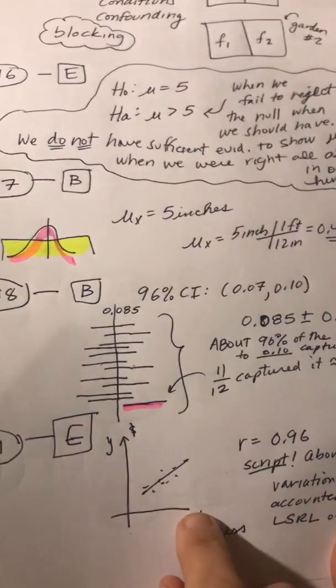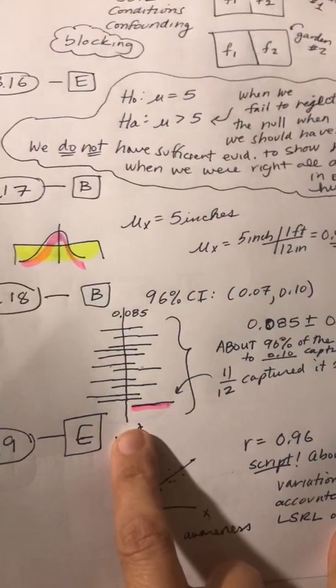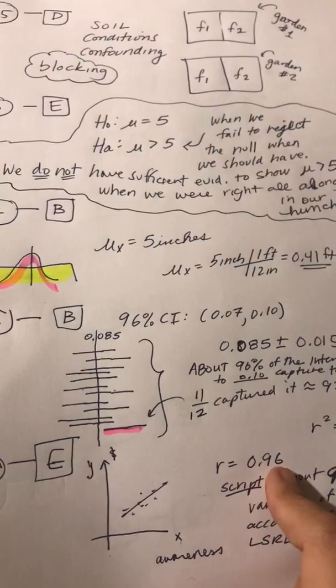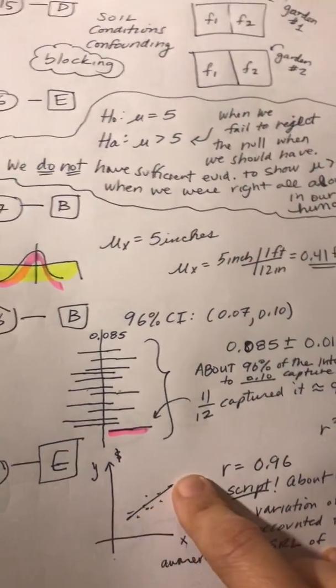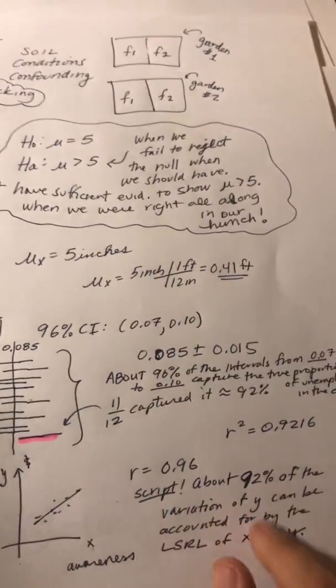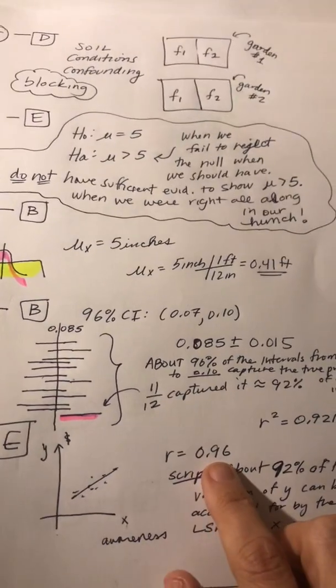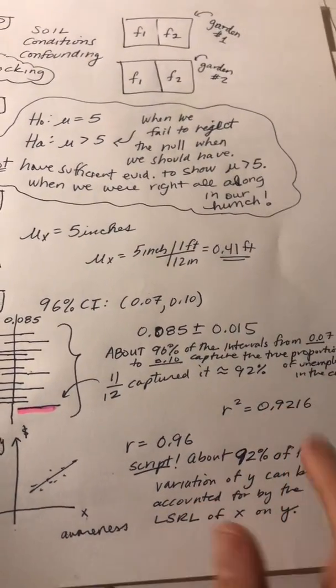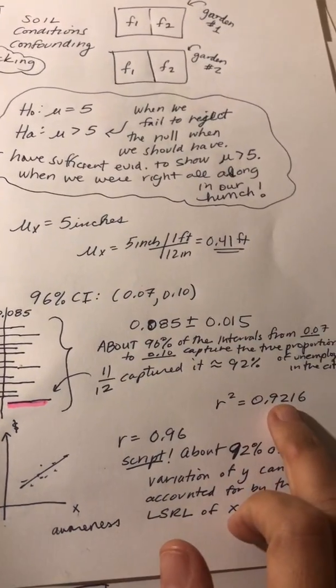So if people are really aware of my product, are my sales going to go up? And an R value of 0.96 means the dots are really close to that line. So our script says when our R value has been calculated, we can square it and give meaning to that number right there.